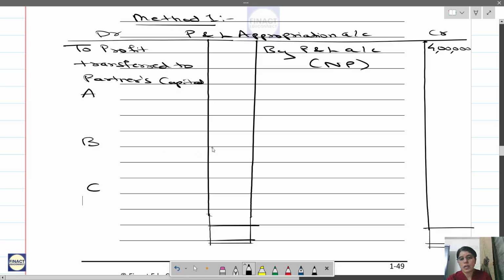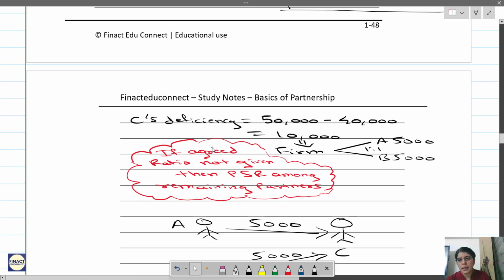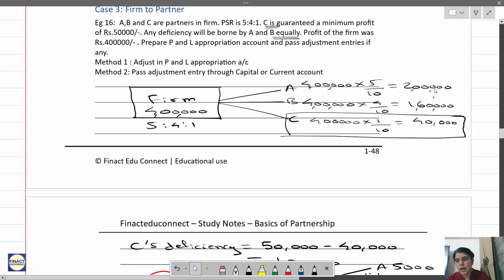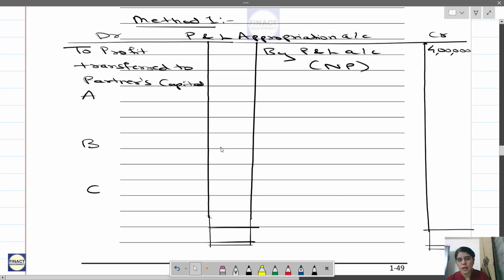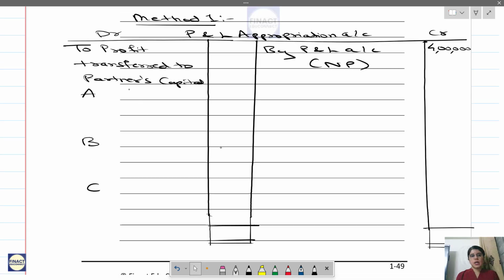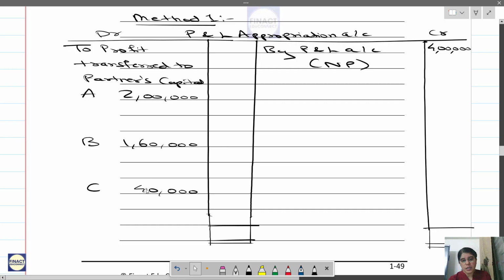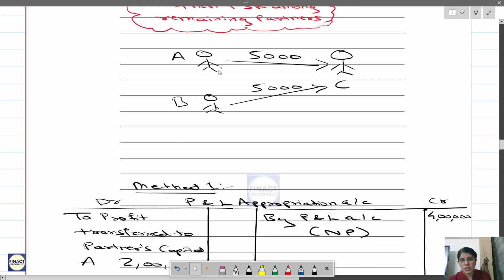And how much did we get? Here initially 2 lakh, 1,60,000 and 40,000. So 2 lakh, 1,60,000 and 40,000. Let me write it over here. Now who has a deficiency? C has a deficiency. Now it is given by A and B, 5,000, 5,000.